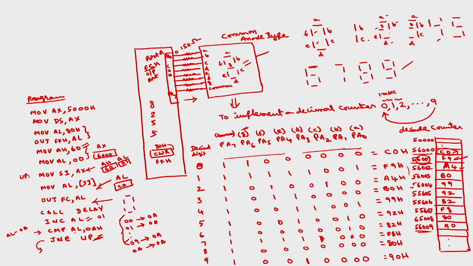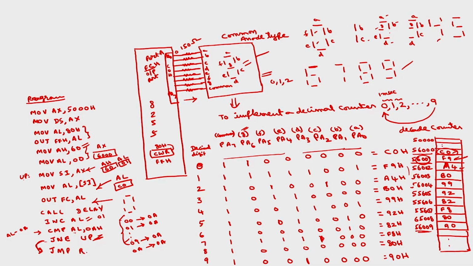Now it will display 0, 1, 2 with a delay that is going to be decided by the application. So it will go up to 9. After 9 what happens? This will come out of the loop, but I want to repeat the process. So you write an unconditional jump to up 2, or unconditional jump to repeat, you can call.